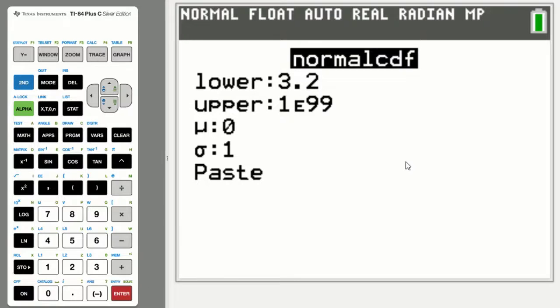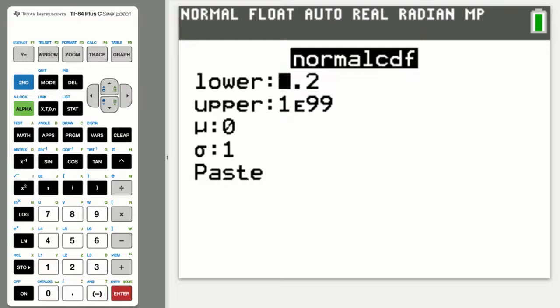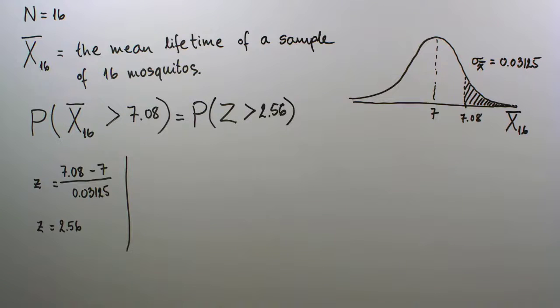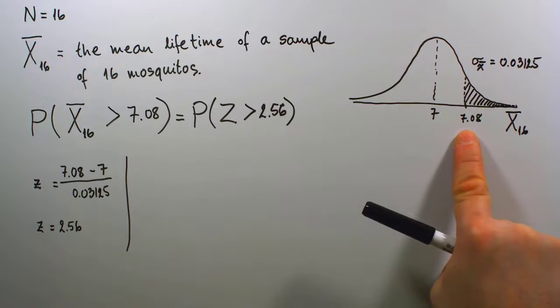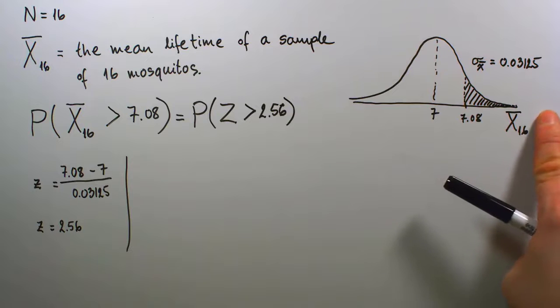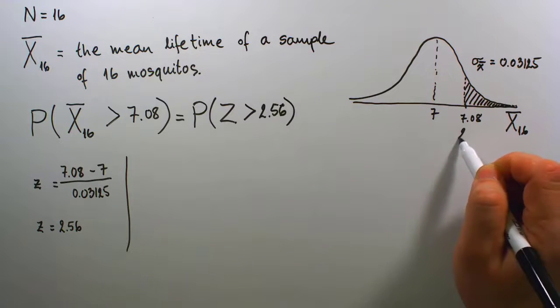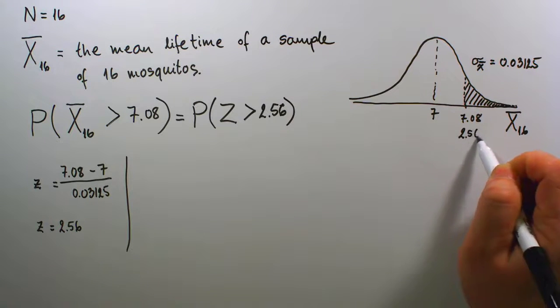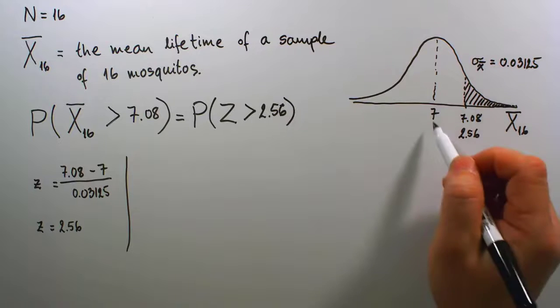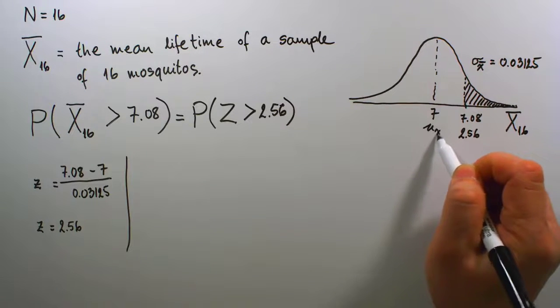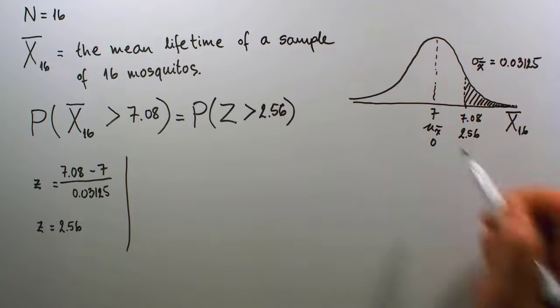Click enter. And so this time on the writing board here, this interval is indicating that we have a finite low end but an indefinite upper end. And this low end corresponds to z-score 2.56 on the standard normal distribution. And this value here, mu x bar, is at z-score 0.